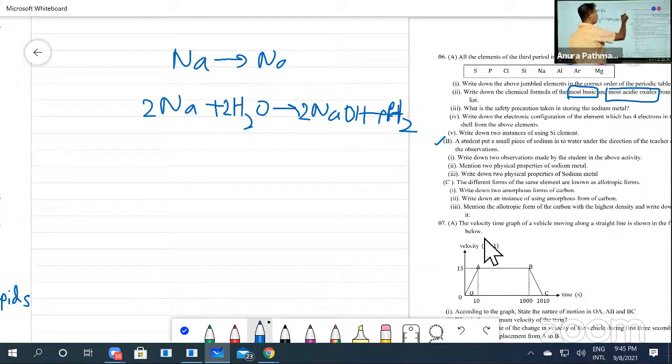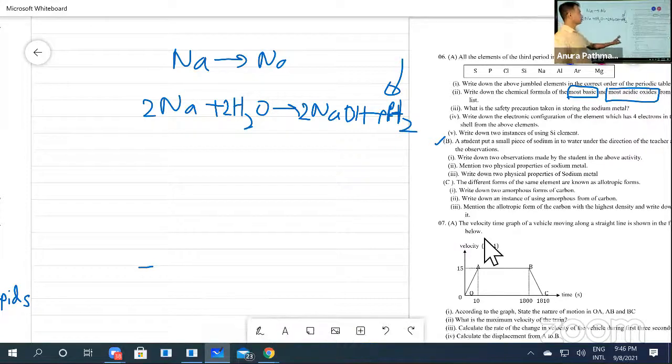And this hydrogen gas, with the heat energy emitted by this chemical reaction, will start to react with oxygen. And as a result of that, we can see a huge flame. So suddenly it produces the flame. So it's very dangerous. And see what happened.